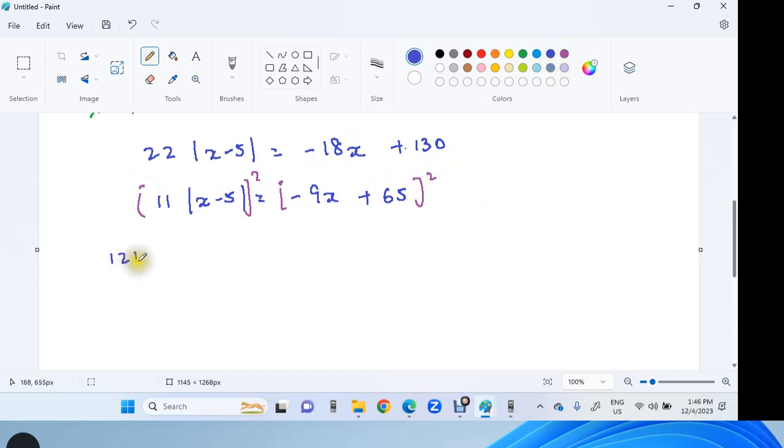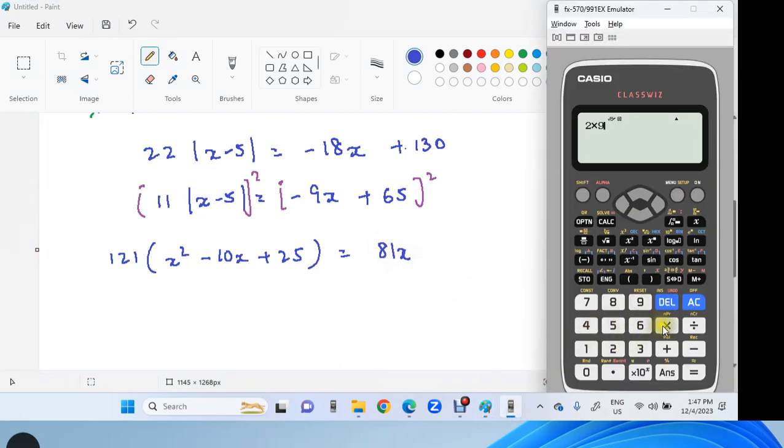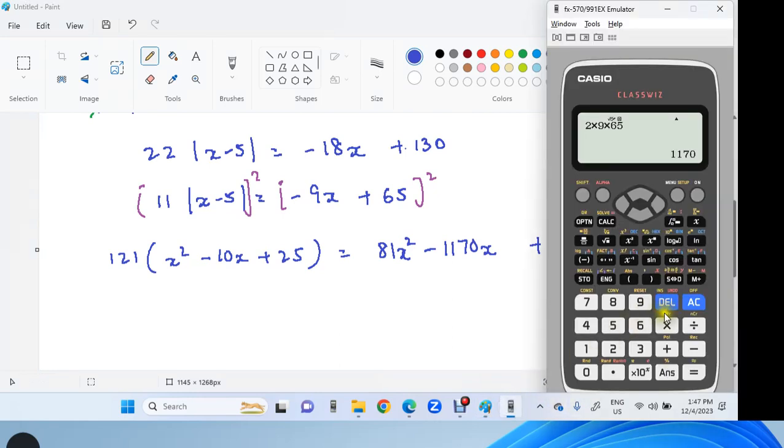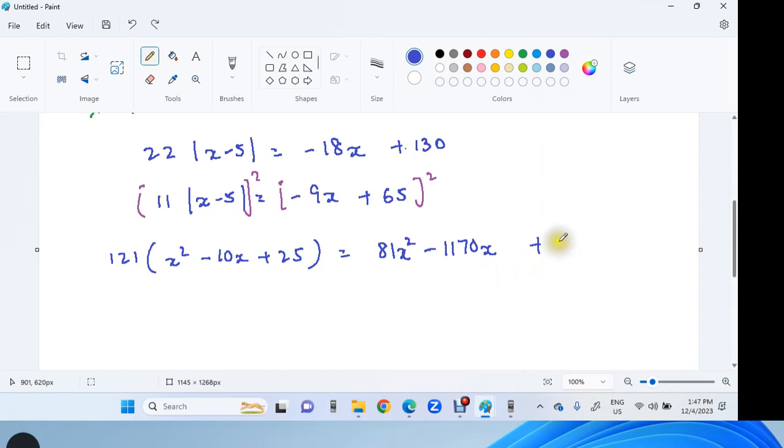So it will become 121 times x squared minus 10x plus 25 equal to 81x squared, 2 times 9 times 65, 1170, so minus 1170x, plus 65 squared, which is 4225.